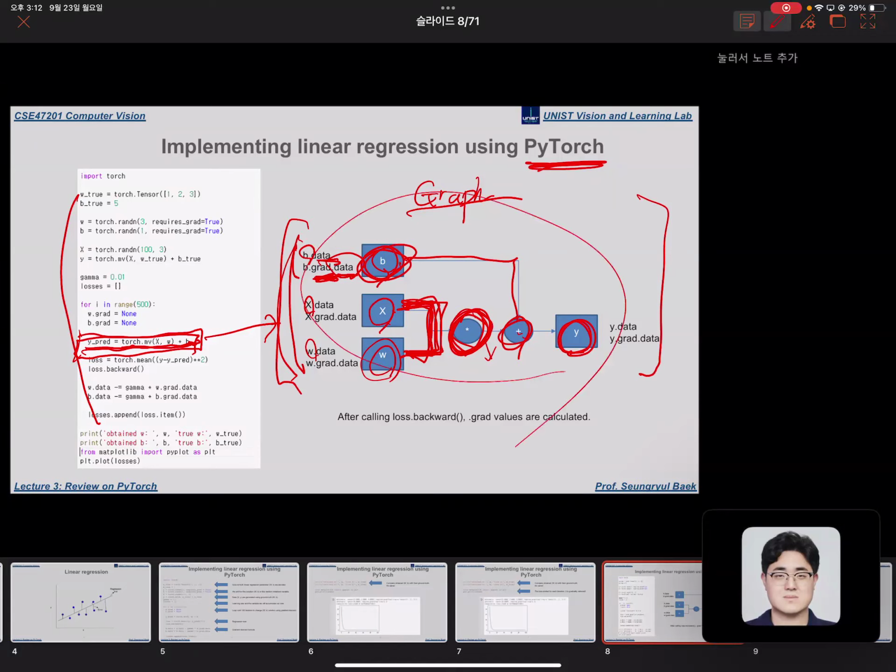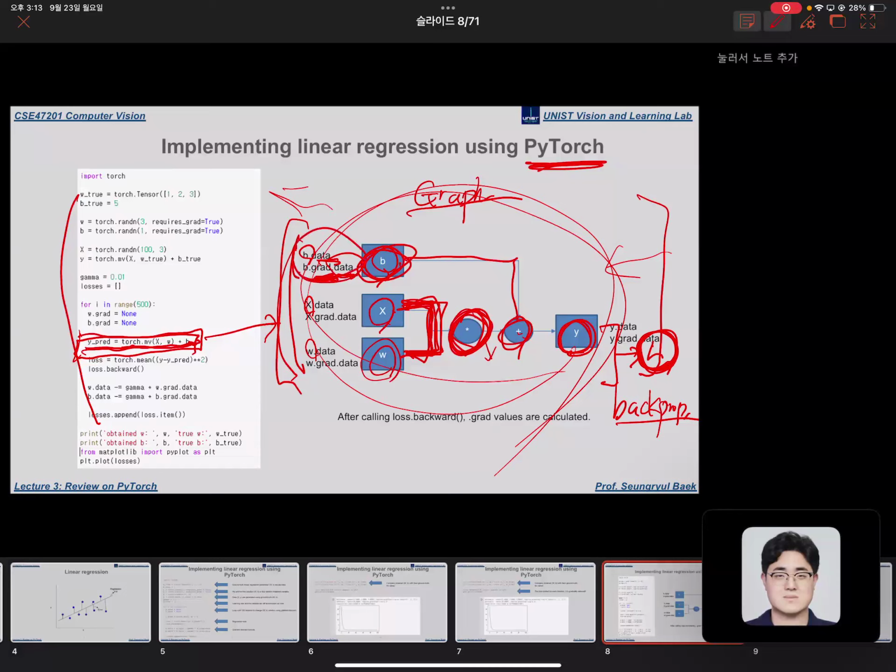And using this kind of graph, you can apply the backpropagation we learned. I showed you that using this graph, we can calculate the gradient value for each node step by step. And these graphs are constructed until the final loss is defined. Are you guys understanding this?